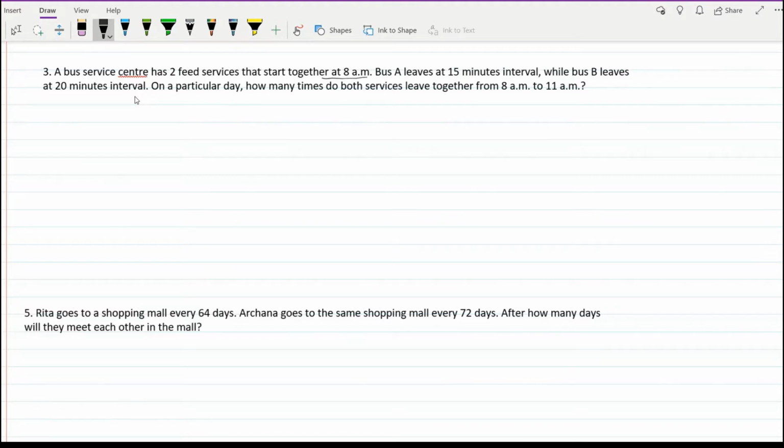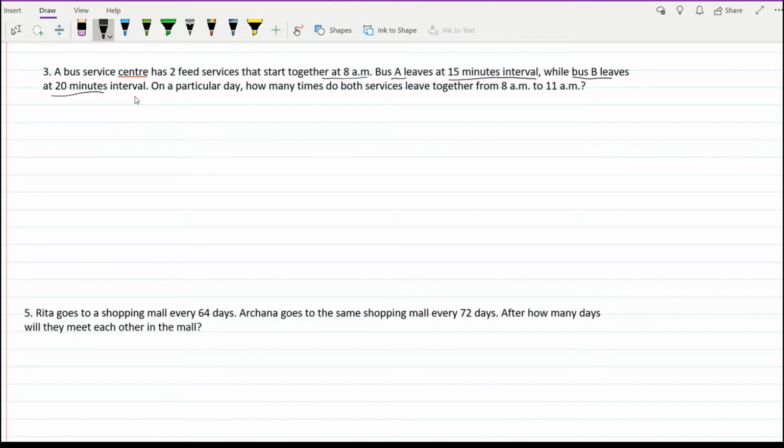Bus A leaves at a 15 minutes time interval, and bus B leaves at a 20 minutes time interval. So we should mark down, or underline, the keywords: what are the time intervals given for bus A and bus B. On a particular day, how many times do both services leave together from 8 am to 11 am? So we want to find out, on a particular day, the number of times both the buses leave together from the bus service center.